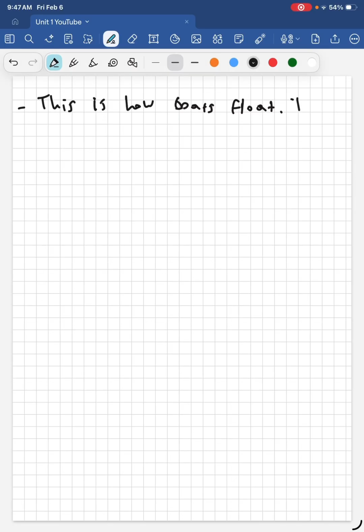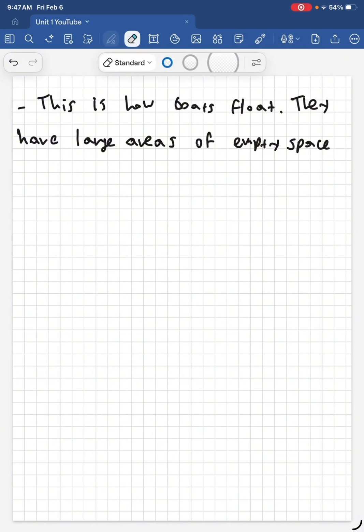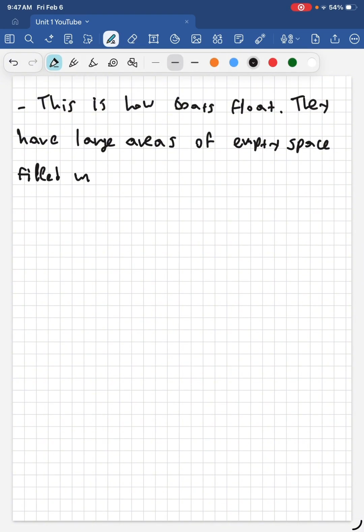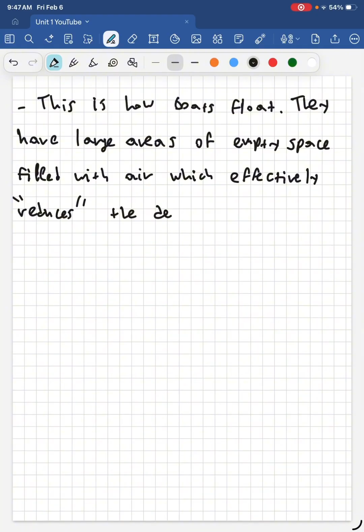They have large areas of empty air, of empty space actually is better, of empty space filled with air, which effectively reduces, in quotes, the density of the whole volume.